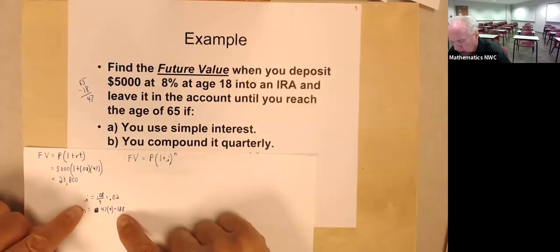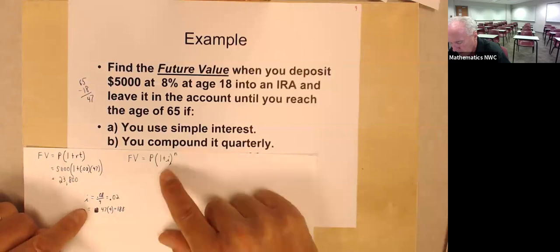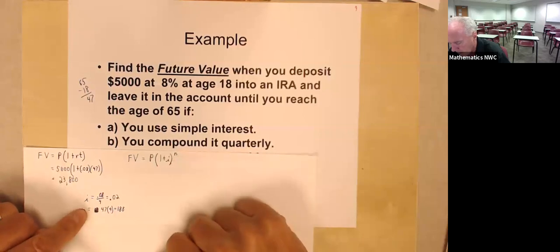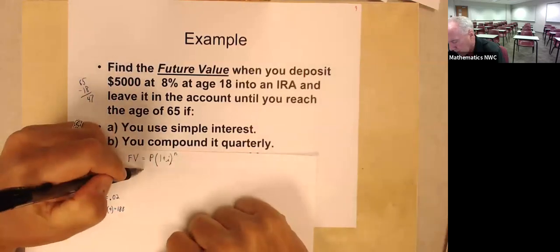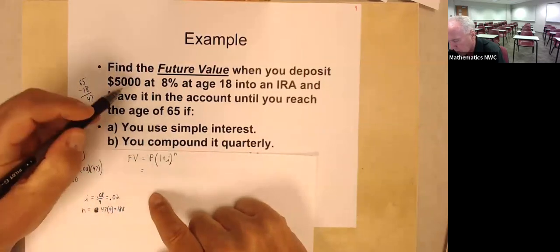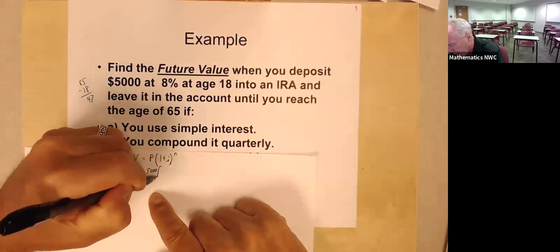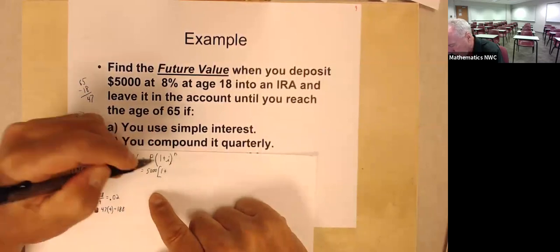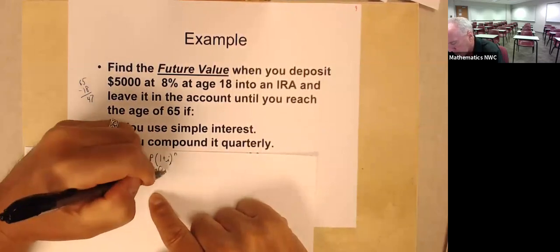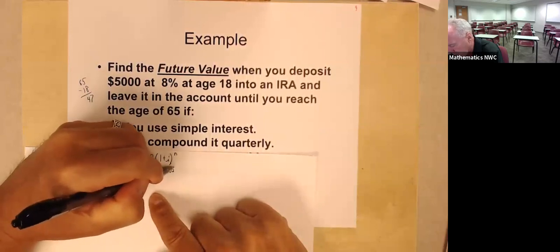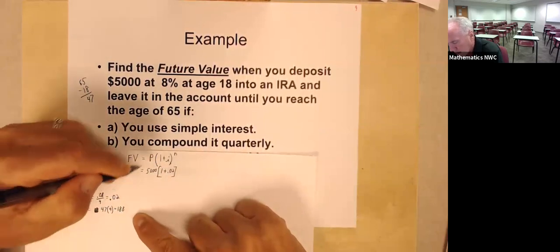You have to do these calculations first, then put them into that formula. So now let's grind through it. Once my principal was 5,000, 1 plus I, which is 0.02, raised to the power 188.